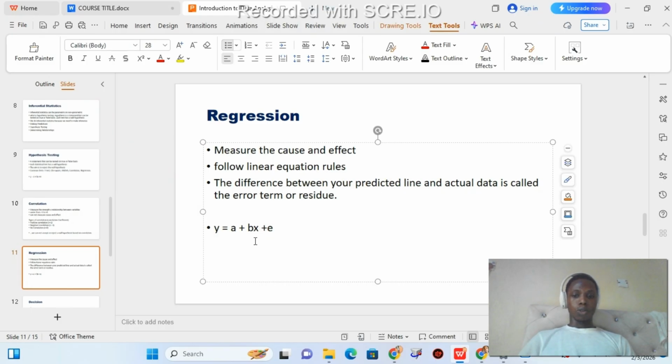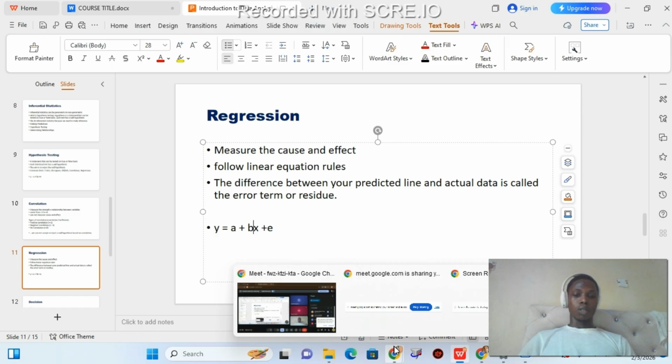Now, another question I want to ask. I know I said y is a variable and x is a variable. Basically, one of these variables is dependent on another. That is, we have a dependent variable and we have an independent variable.